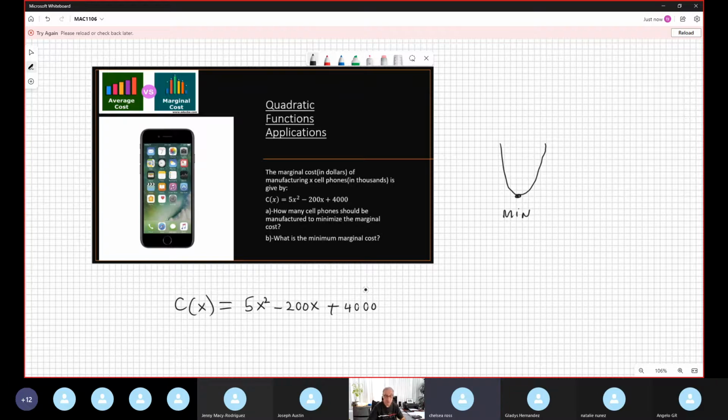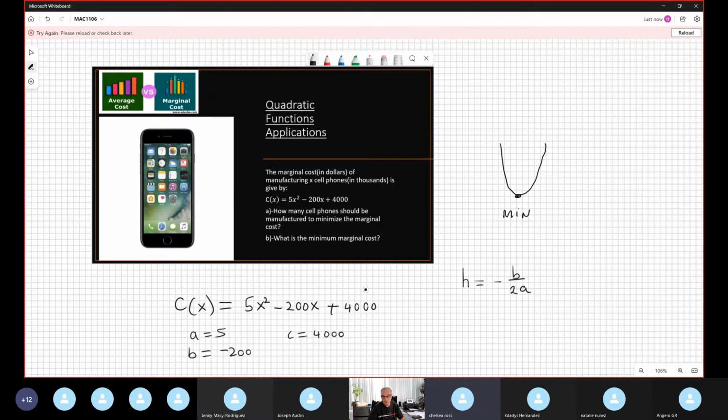Again, conceptually, I know that this situation happens in the vertex. I know very well that the formula for the vertex is minus b over 2a. In our problem, a is 5, b is negative 200 and c is 1,000.